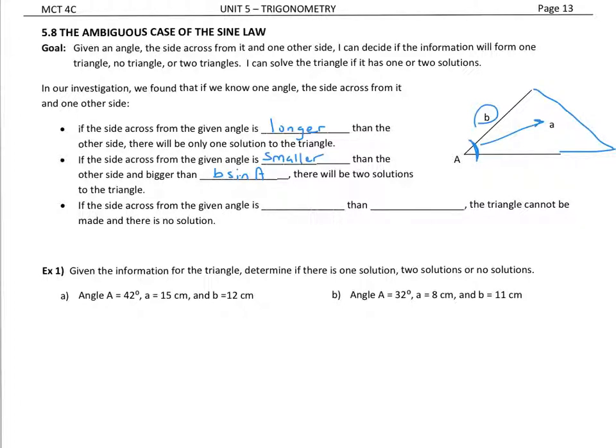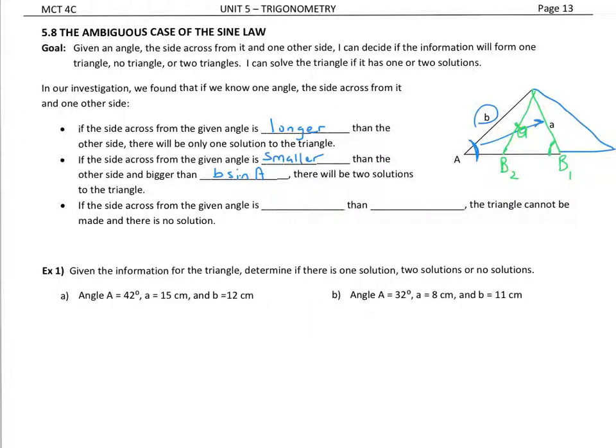If your side is shorter, you could have something that looks like that for side A, but it could swing this way, making a little isosceles triangle. But you have the two different triangles where angle B could be acute, so I'll call that B1, or angle B could be obtuse. And then if the side across from the given angle is too short, the triangle cannot be made and there's no solution.